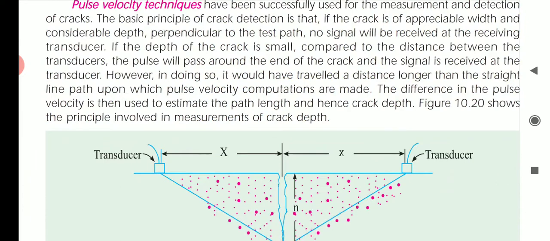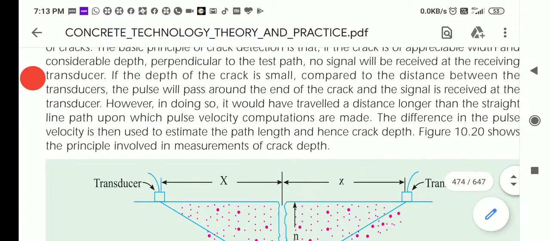When you are keeping the pulse circuits, if there are cracks, we can see no pulses at the transducer. If the depth of the crack is small compared to the distance between the transducers, the pulse will pass around the end of the crack and the signals will be received at the transducer.